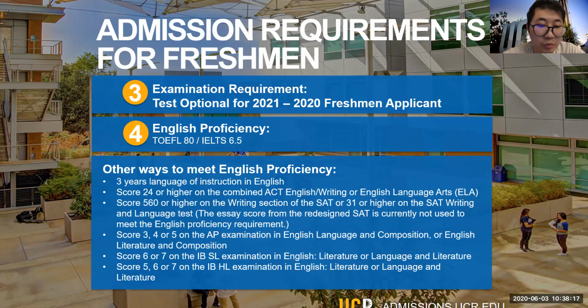Or if you meet some of the other requirements, like the ACT, if you have a 24 score or higher on the combined English language arts part, or the SAT, if you get a 31 or higher on the SAT writing and language test. So there are many ways to meet the English proficiency requirement, and the minimum score is 80 for TOEFL and 6.5 for IELTS. Next page, please.